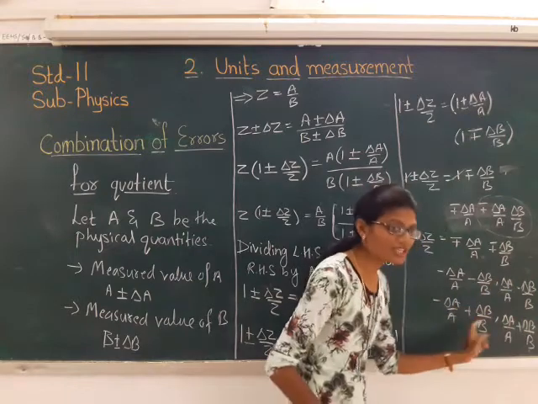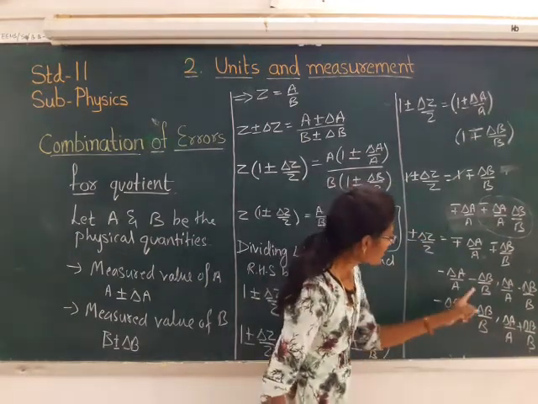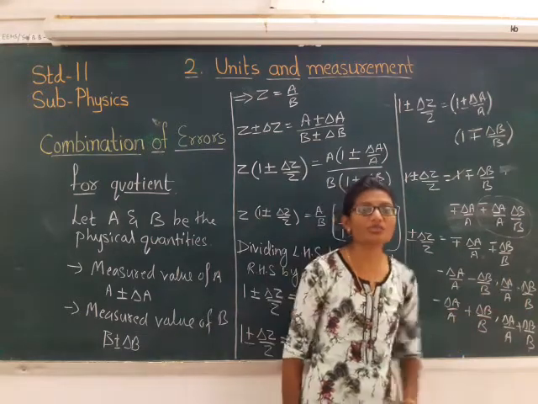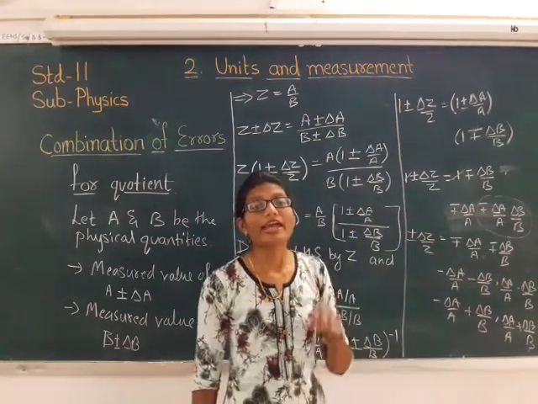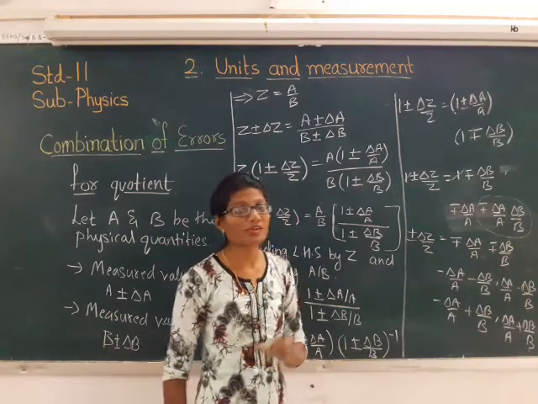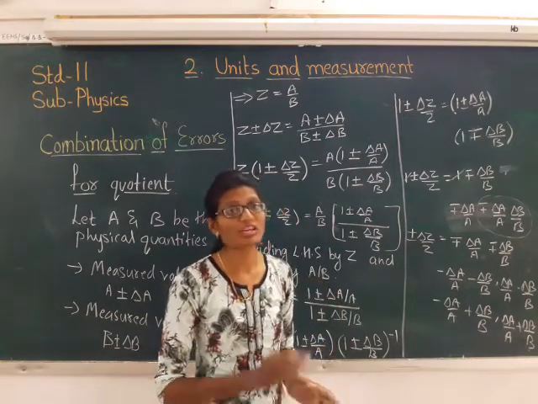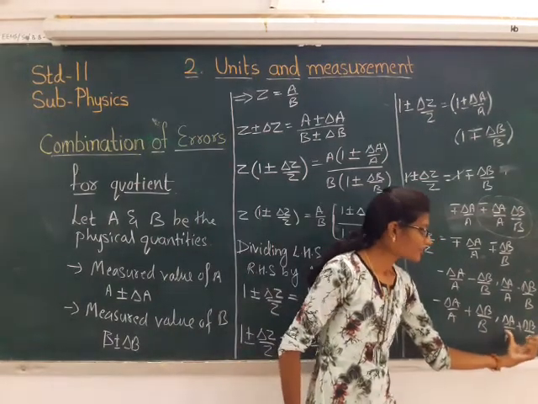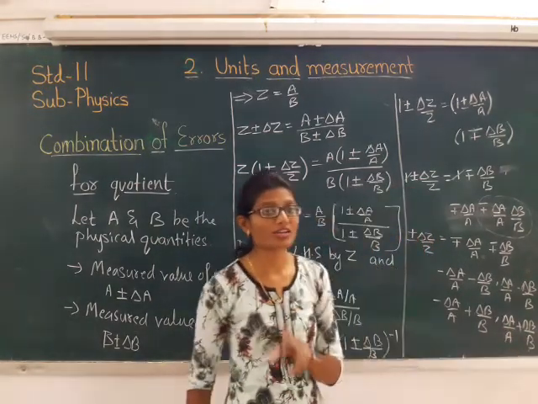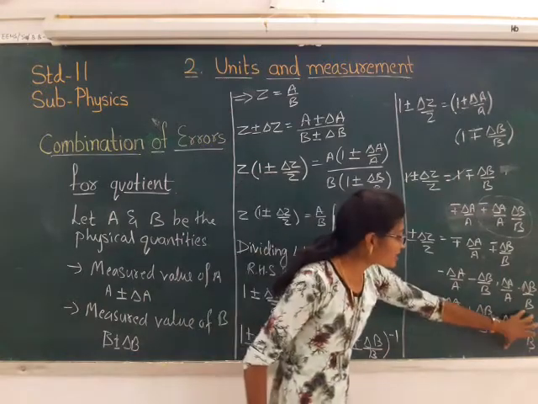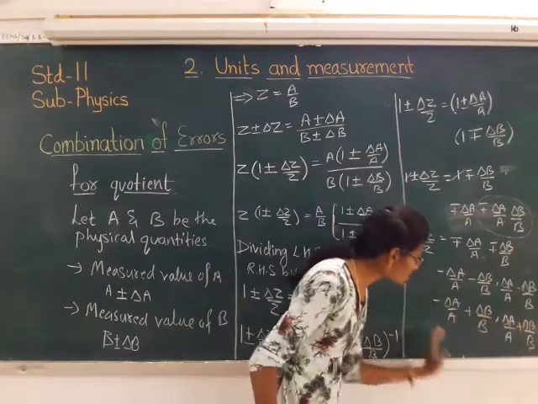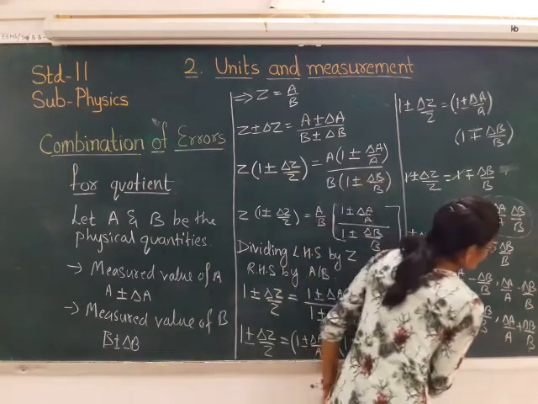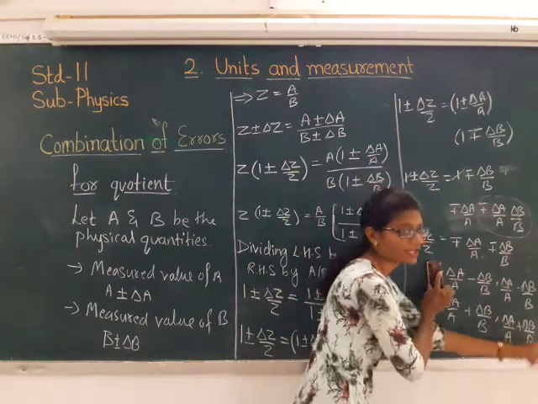Out of these 4 possible values, the first, second and third will be very small. We need to choose the value that gives the maximum value. So the summation of the relative errors of the 2 quantities gives the maximum value out of these 4 possibilities, and I need to consider only this possibility.